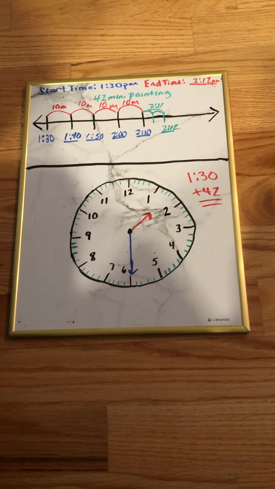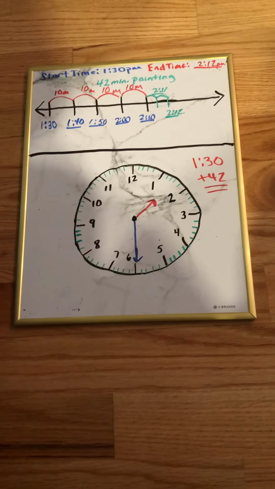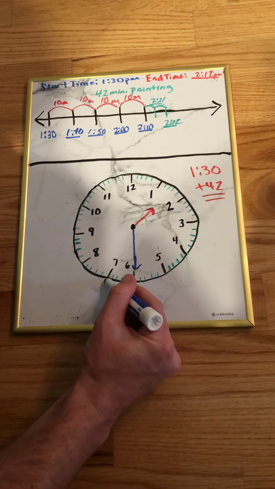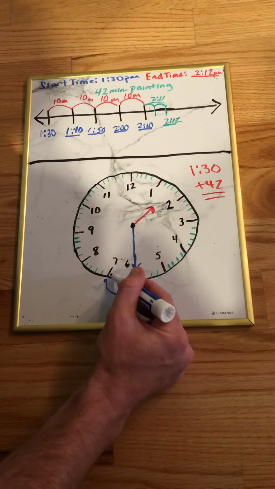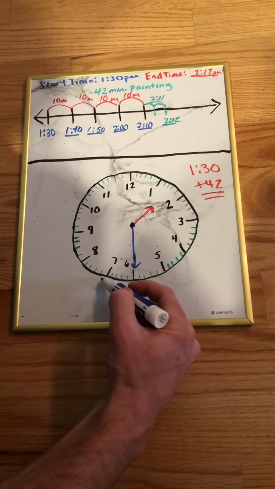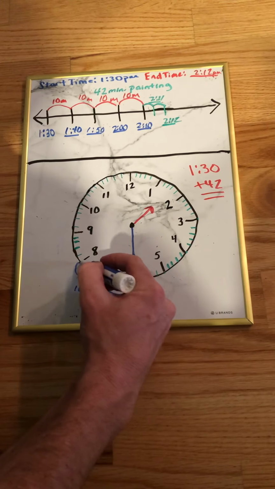Just like in the last lesson, I told you when we are jumping on an analog clock, when you go from the 6 to the 7, how many minutes is that? 1, 2, 3, 4. You got it. 5 minutes. Let's jump from the 7 to the 8. 10 minutes.